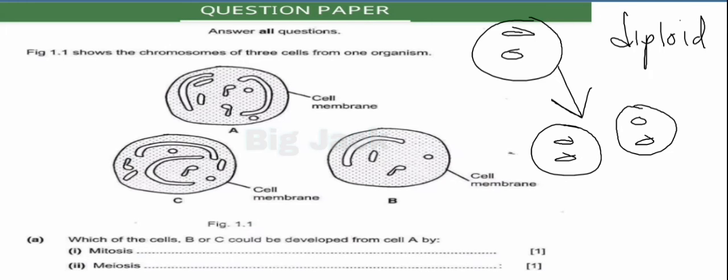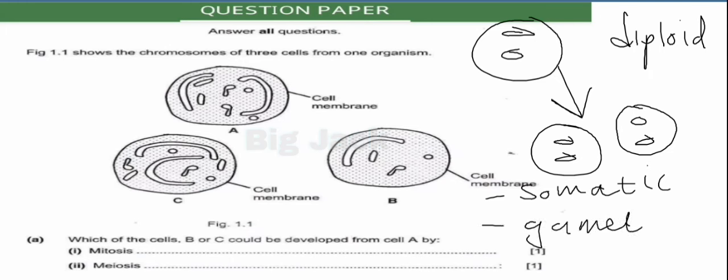Now, I want you to understand here, we have two types of cells, which are somatic cells. Then apart from the somatic cells, we also have the gamete cells, which are also known as the sex cells.